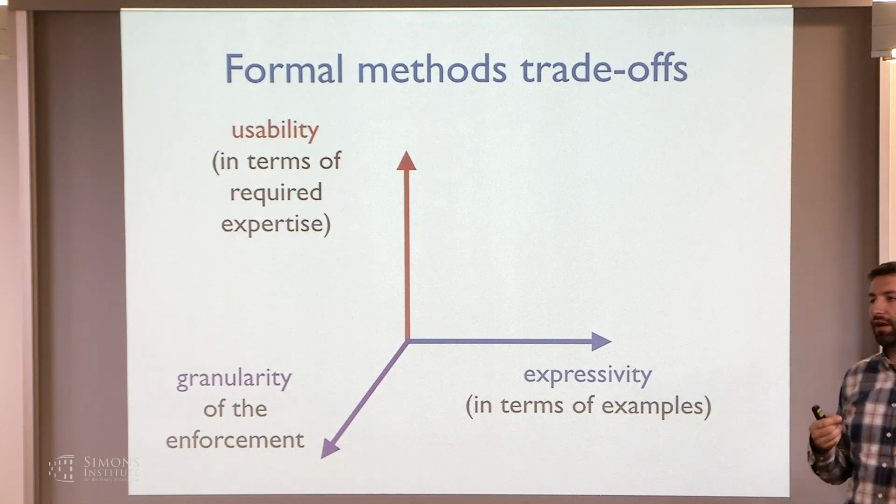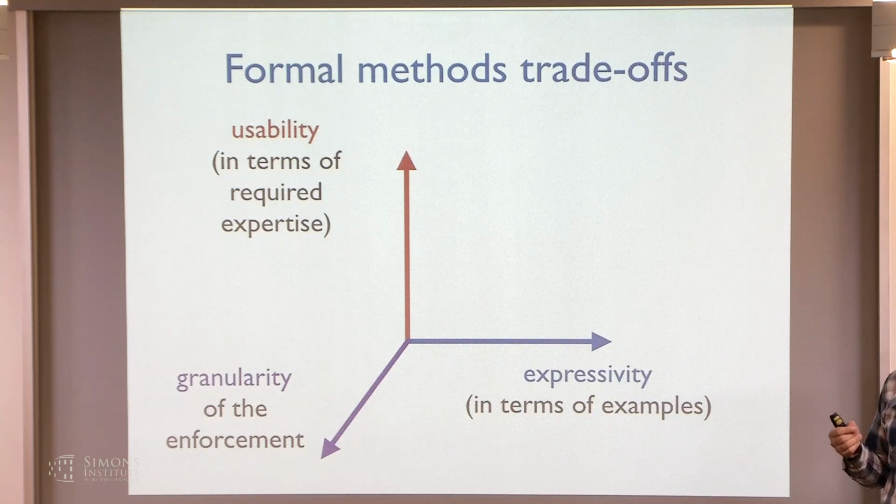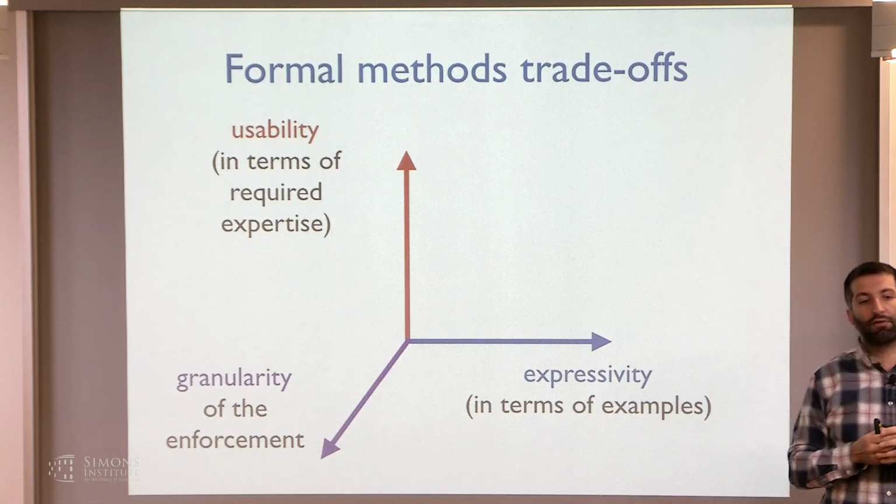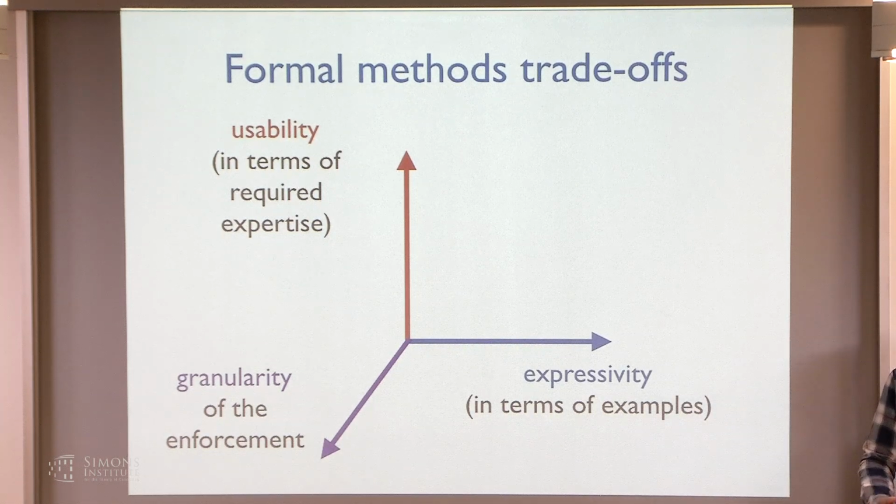Are we verifying just a high-level algorithm, a high-level program, or the whole software infrastructure? Because, of course, we may have something that is differentially private on paper or at the high level, but then the implementation at the low level is not differentially private. So this is another direction that I think is important.